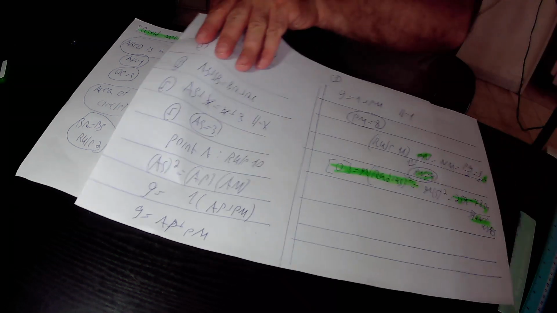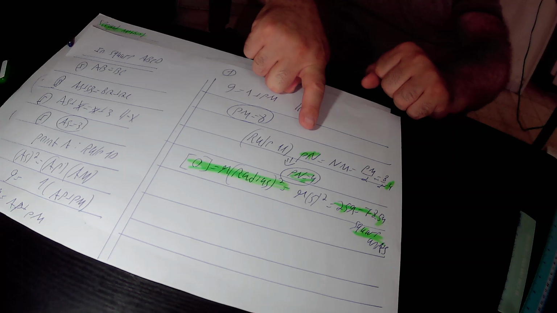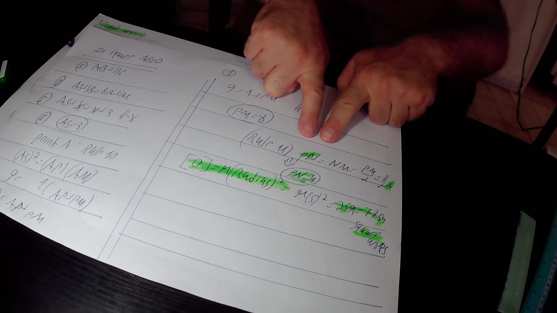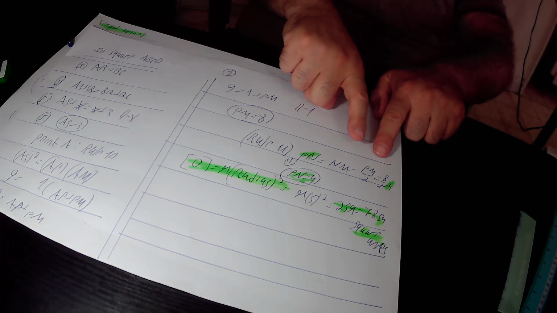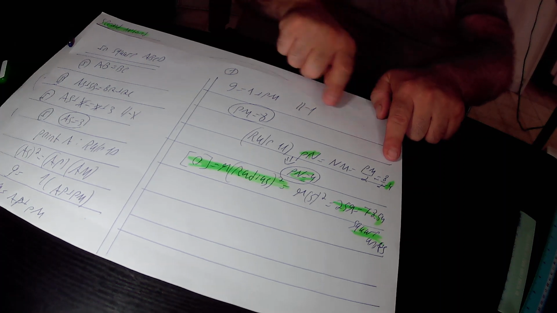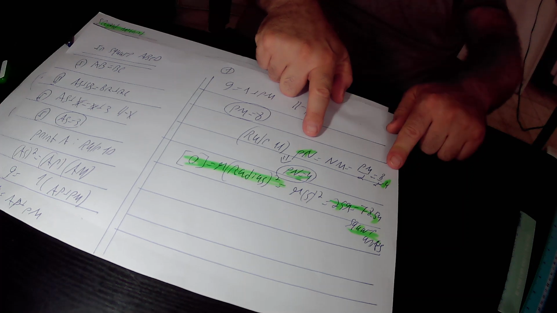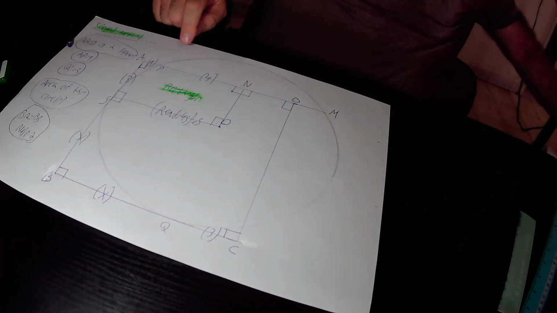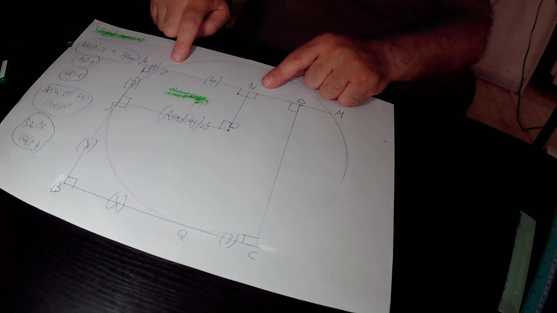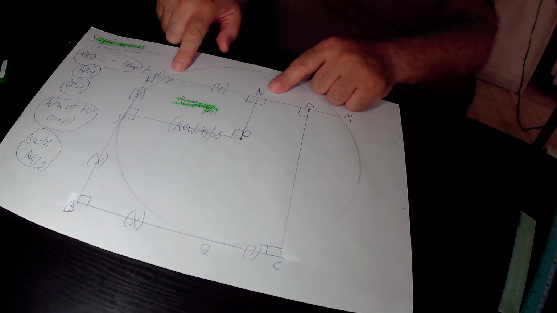So according to rule 11, perpendicular ON bisects chord PM into two halves, and each half equals PM over 2. PM is 8, therefore PM over 2 is 8 over 2, that is 4. From this equation, we derive that PN equals 4 units in its length.